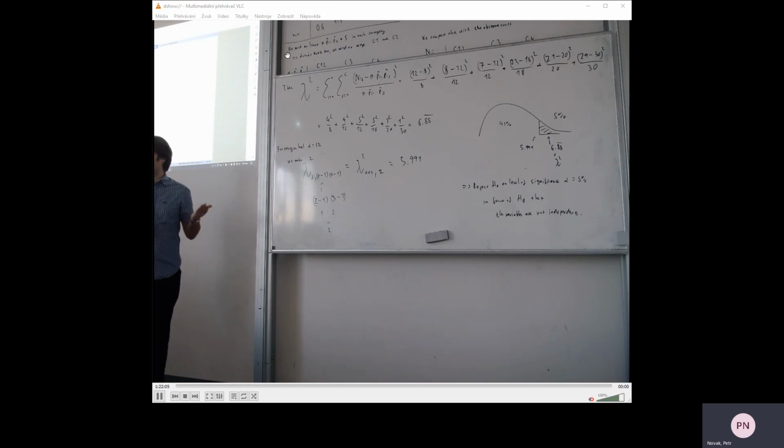You have seen that on the one sample t-tests when we were comparing the average of some observations with the expectation given by the null hypothesis.